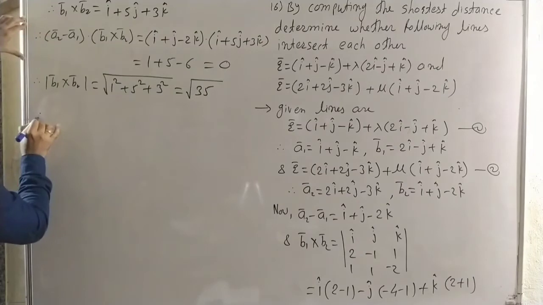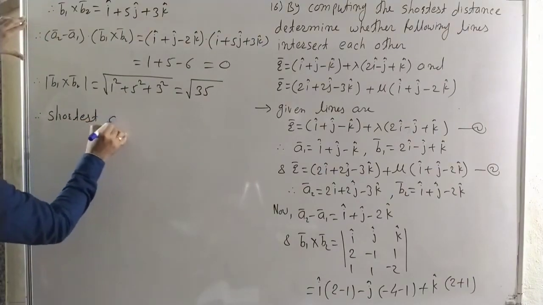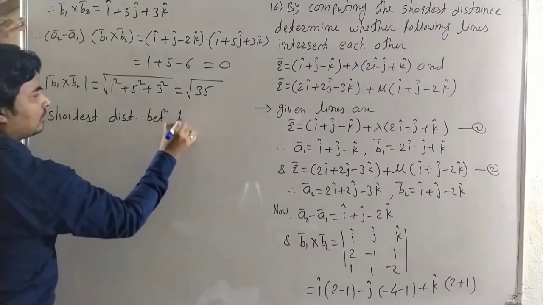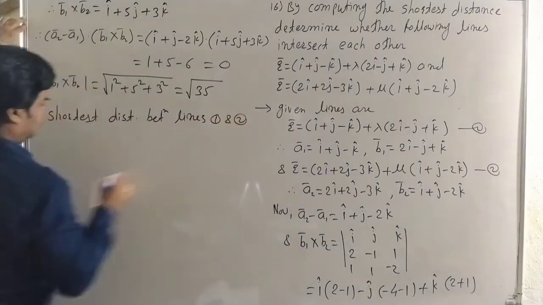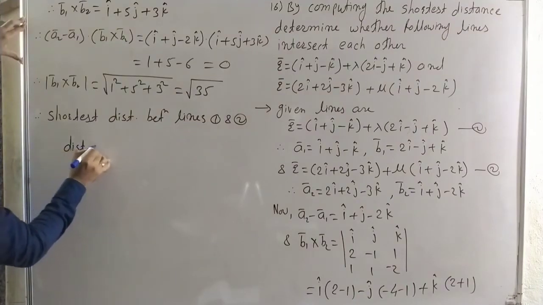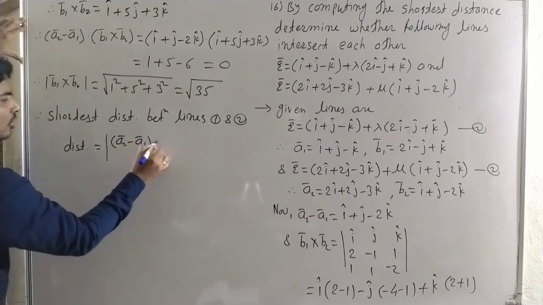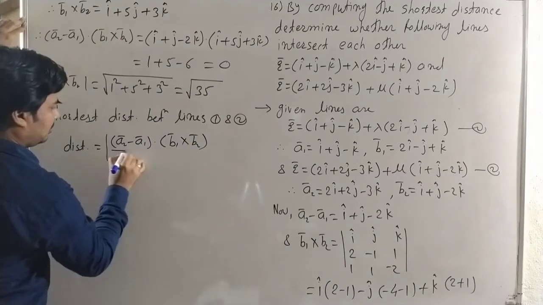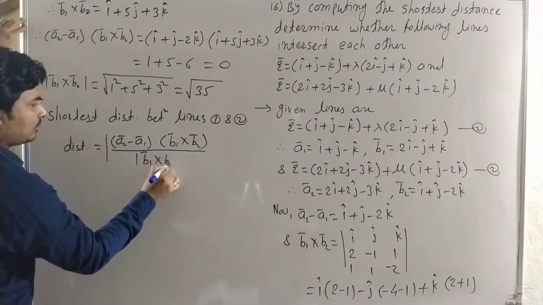Therefore the shortest distance between lines 1 and 2, denote it by d, is a2 bar minus a1 bar dot b1 bar cross b2 bar, whole mod, upon magnitude of b1 cross b2.